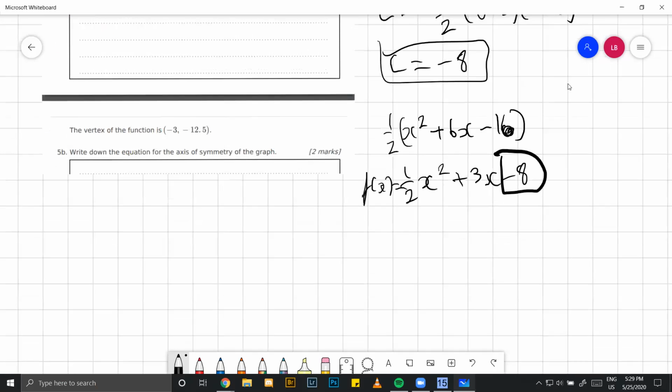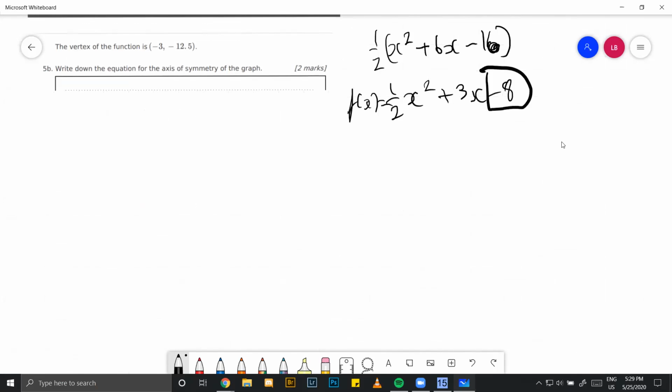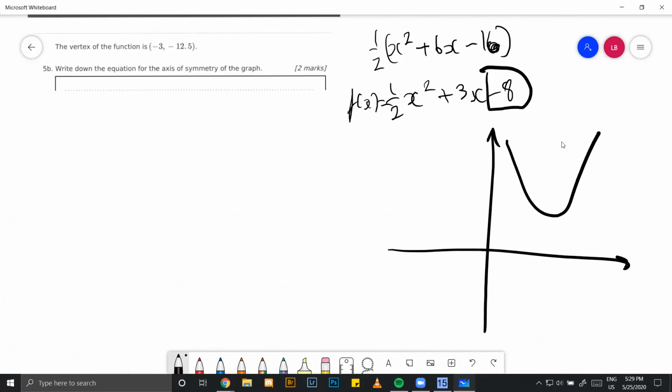So essentially, if you're looking at the vertex, if you were to quickly draw a graph of this, you would end up with some quadratic somewhere, and this has some x and y coordinate, where this is the x coordinate and this is the y coordinate.